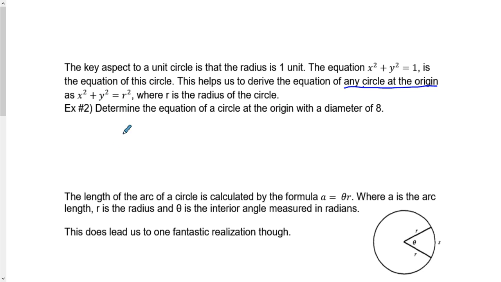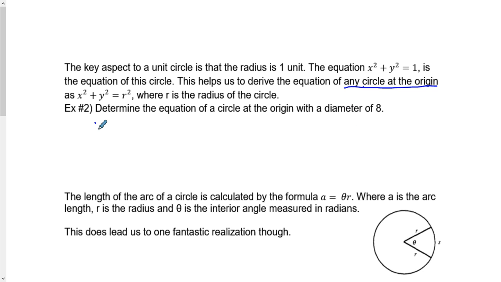R is the radius. So if we want to determine the equation of a circle at the origin with diameter 8, this circle at the origin is just some wording, just so that we're not dealing with, oh, what about if our circle is at the point 5, 5? No, we're not dealing with that. We're just dealing with at the origin.